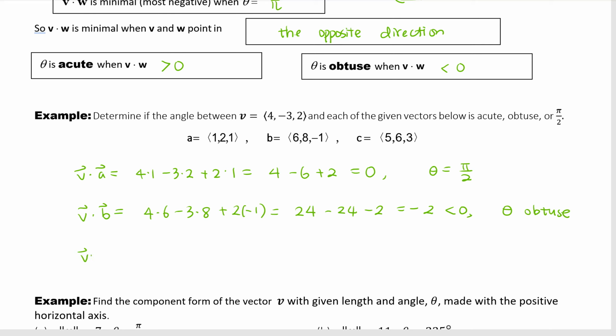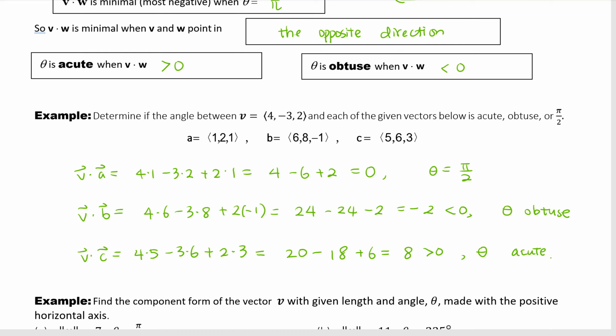Okay, V dot C equals 4 times 5, -3 times 6, 2 times 3. 4 times 5 is 20, then this is 18, that is 6, so that's 2 plus 6, which is 8. 8 is positive. What do you say about the angle? The angle is acute.